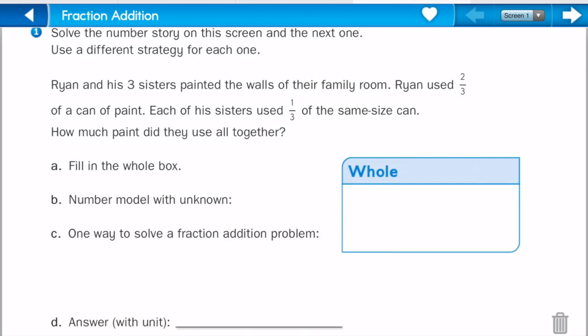I want you to think about what that might be. Good. The whole would be a can of paint.